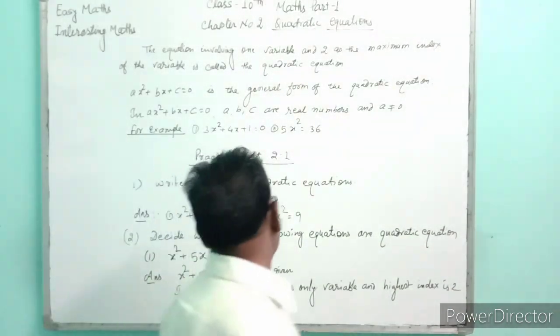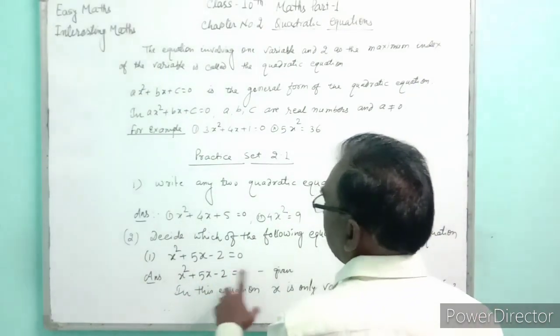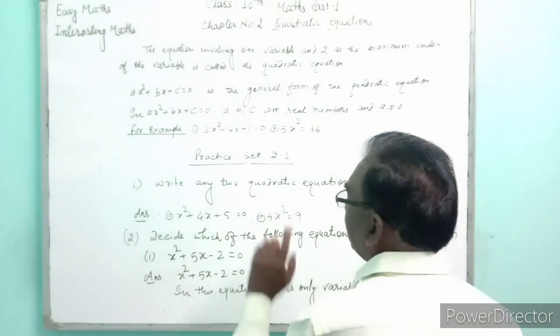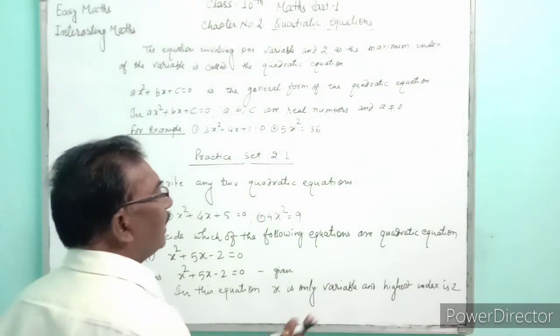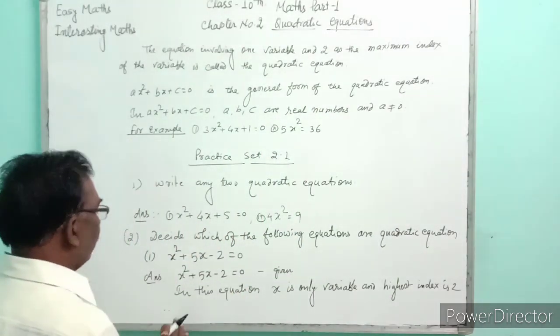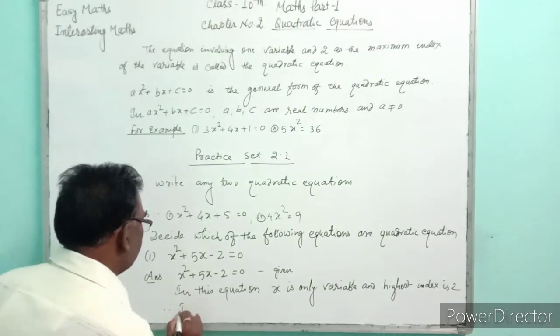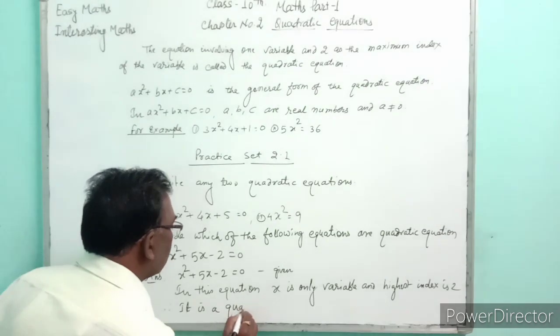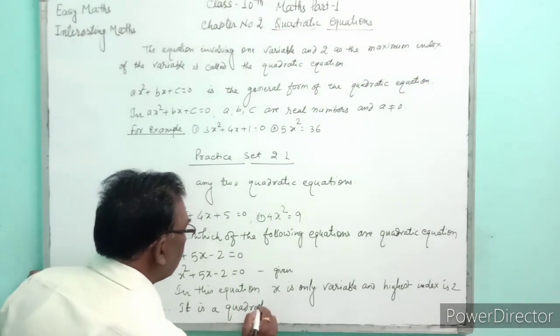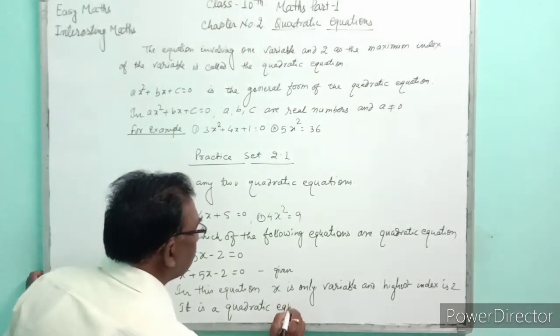Therefore the given equation is in the standard form, and in this equation x is the only variable and the highest index is 2. Therefore it is a quadratic equation.